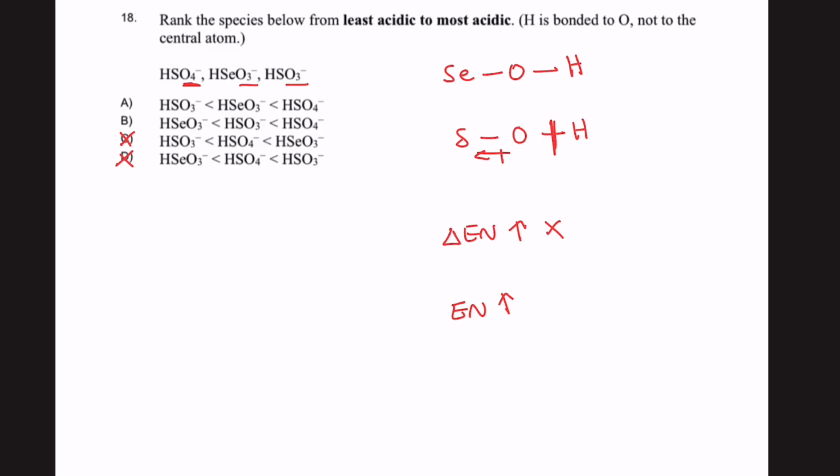So one more time, the electronegativity of sulfur is higher, and it is able to compete with oxygen for its electrons better than selenium. So it'll draw more electrons away, making the H easier to break off. So that makes HSO3 minus more acidic than with selenium as a central atom. So our correct answer is B.